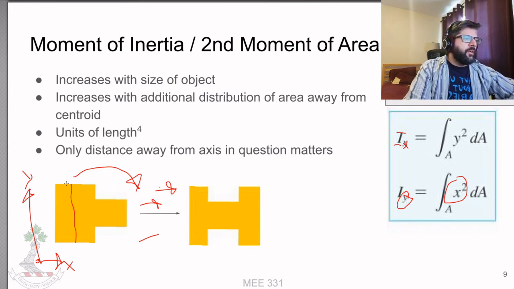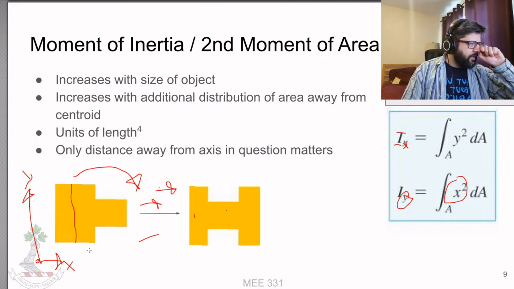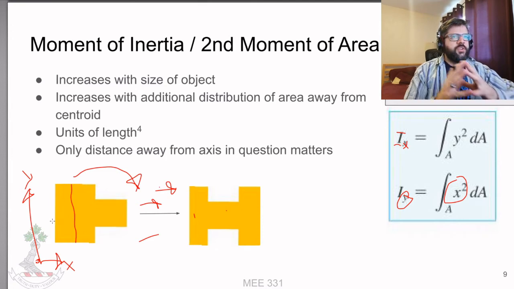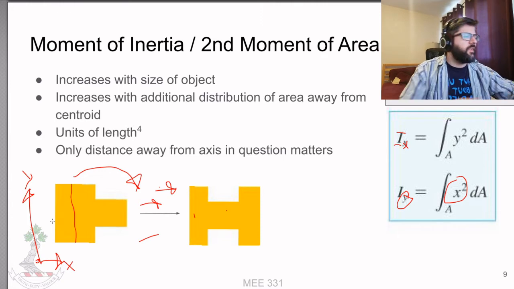So either changing this shape to this shape is going to change your Iy, or just taking this thing and shifting it to the left or to the right is also going to change your Iy. So location and distribution away from the centroid matter. Taking something and shifting it away from the centroid changes things. Shifting it away from the axes that you're taking the moment about also changes it.